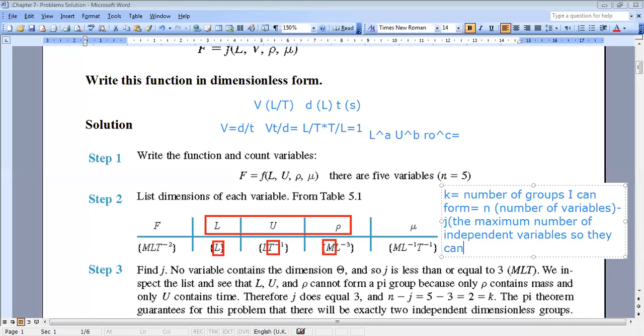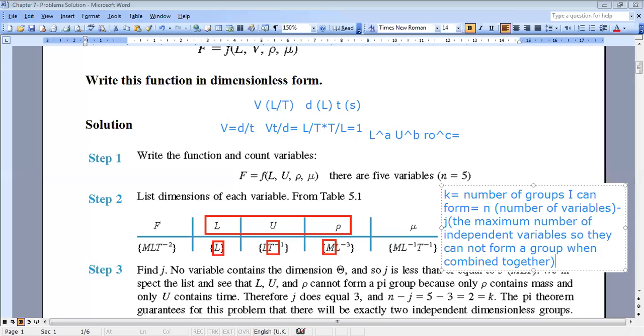They cannot form a group when combined together. When they're combined, they're not dimensionless. Yes, exactly. Okay.